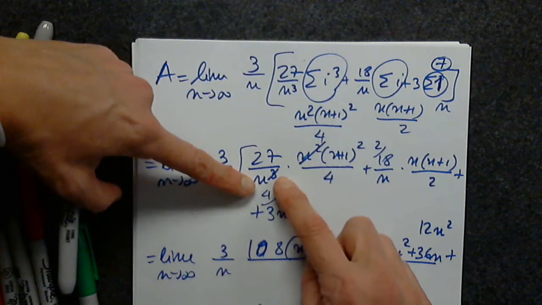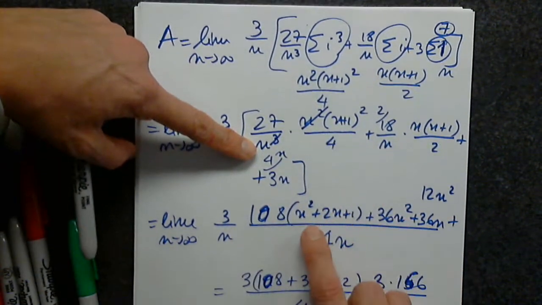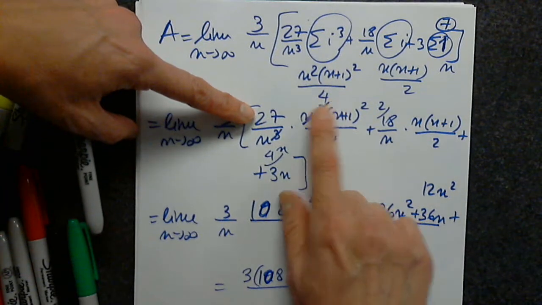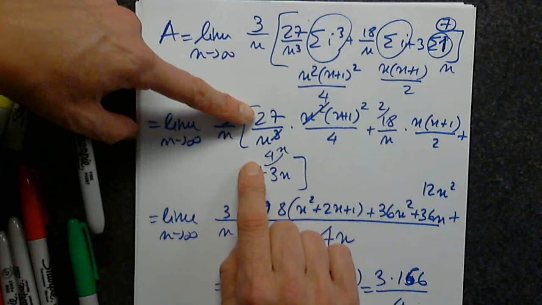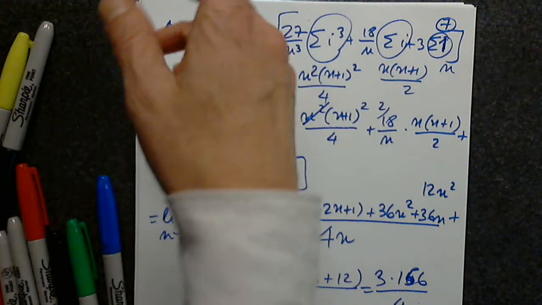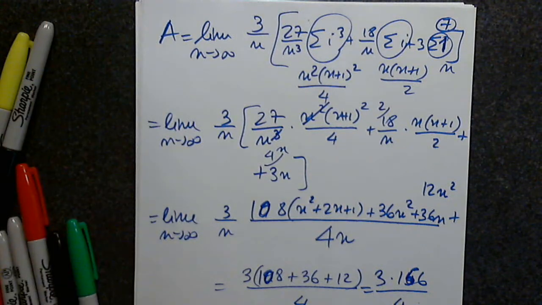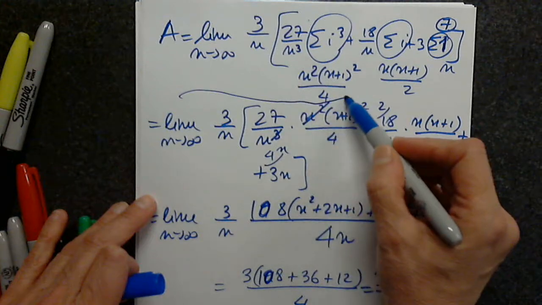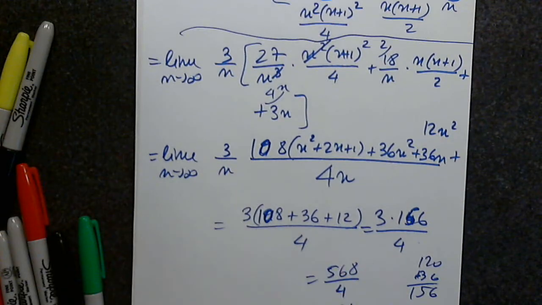I removed an n squared. I still have an n squared plus 2n plus 1. I have a 27 times 4. Am I correct here? Oh, why did I multiply by 4? 4 was from above. I multiplied by this 4. It has nothing to do with anything. Okay, I got it.